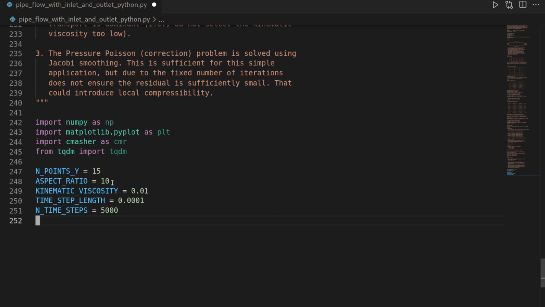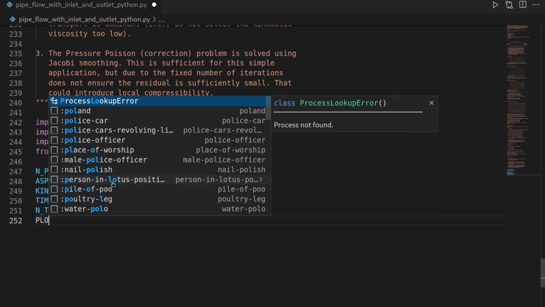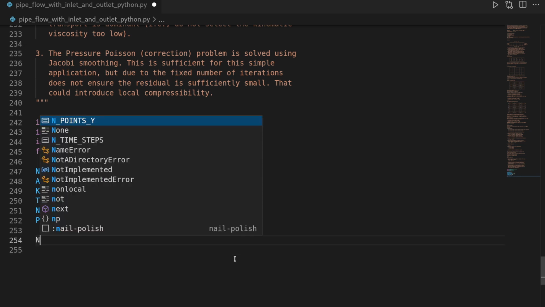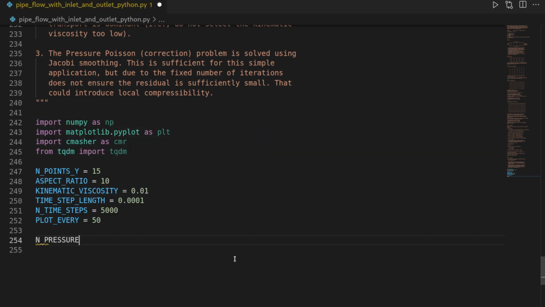Then I will also create a variable I want to call plot every and set that to 50, such that we only plot every 50 iterations. We also need another variable that I want to call n pressure Poisson iterations. That will be for the Poisson equation for the pressure correction that we want to solve, and it is fine to set that one to 50.